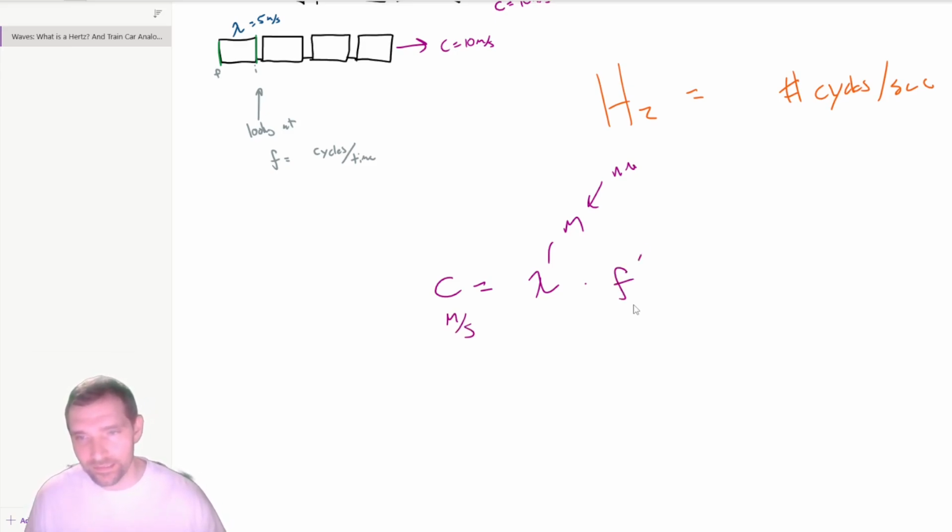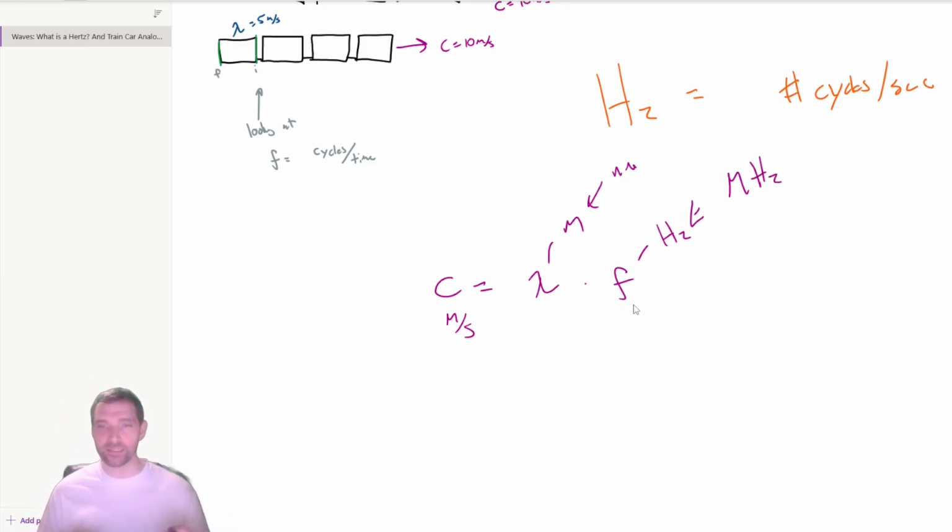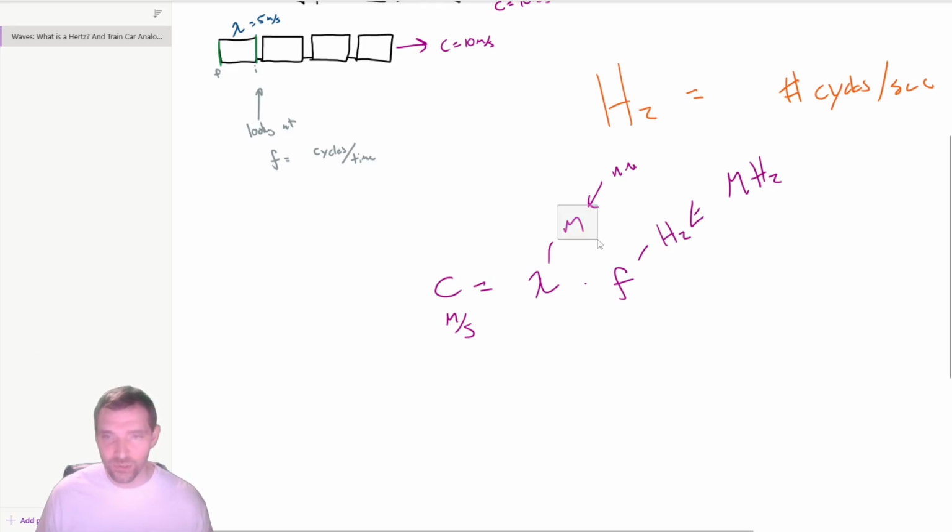Sometimes the frequency is given in hertz, but I've seen it also in megahertz. So to get this formula to be using meters per second, you should be working with meters and hertz because that's really per seconds.